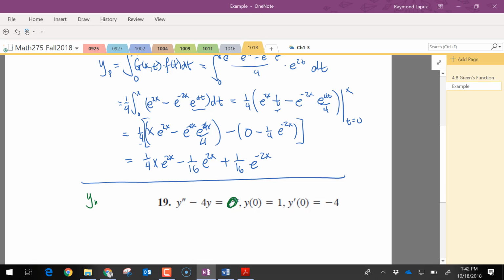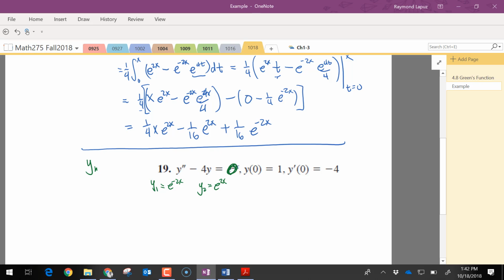So we got y1 and y2, right? What's y1 and y2? Y1 is equal to e to the negative 2x. Y2 equals e to the positive 2x. And so y sub h is equal to C1 e to the negative 2x plus C2 e to the positive 2x.